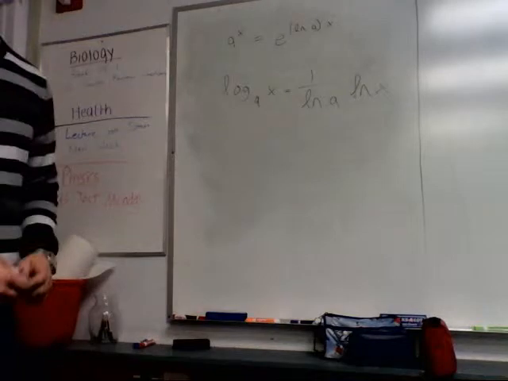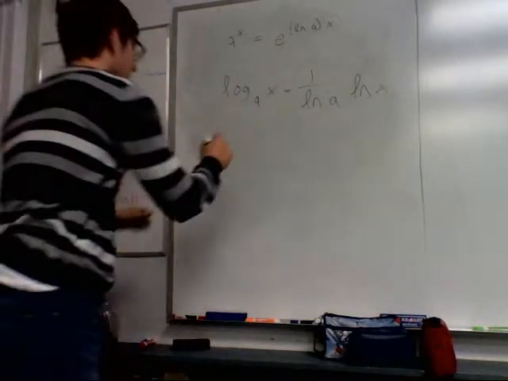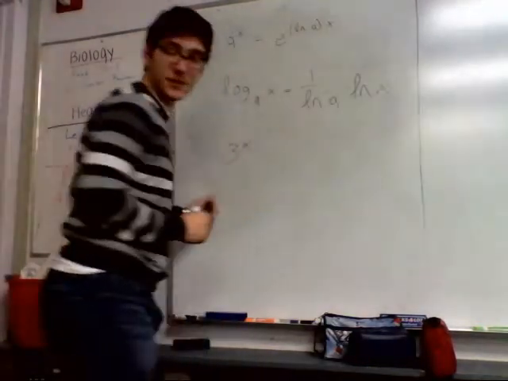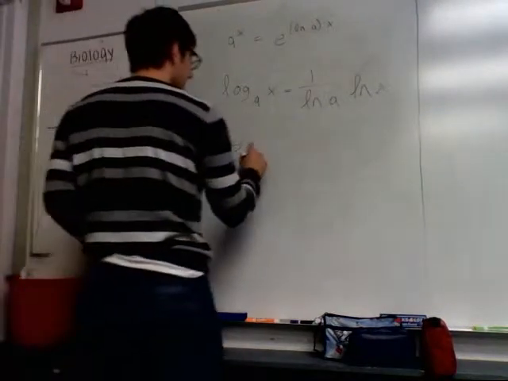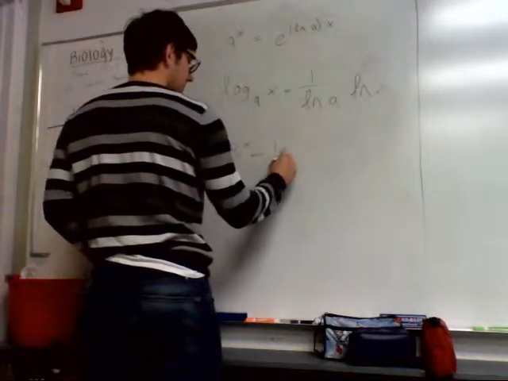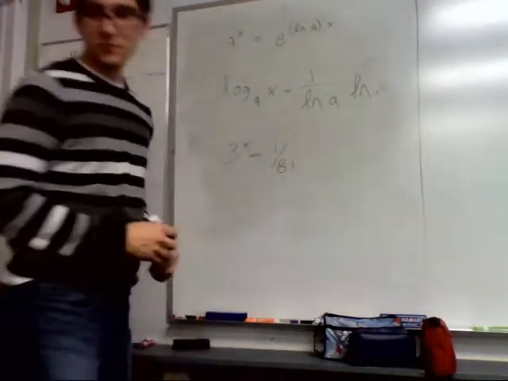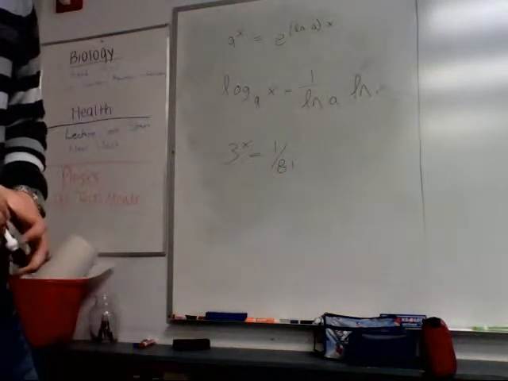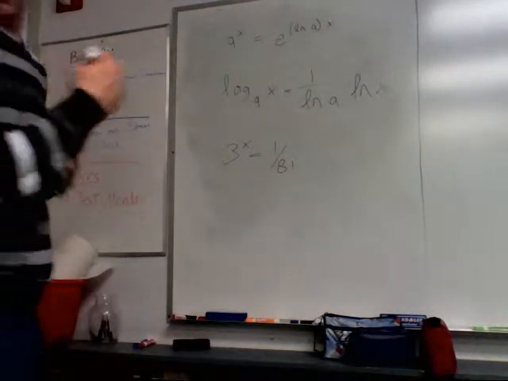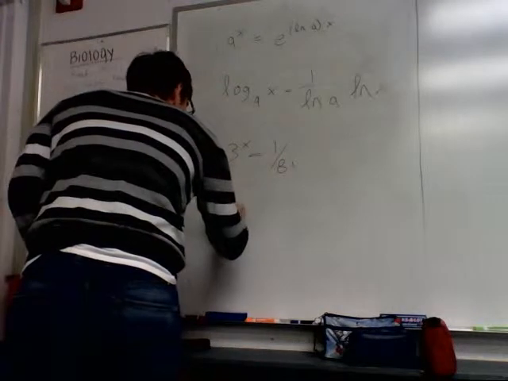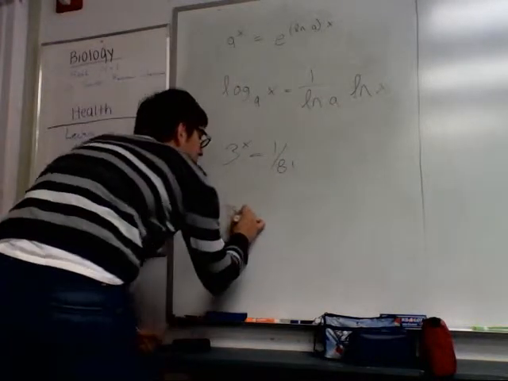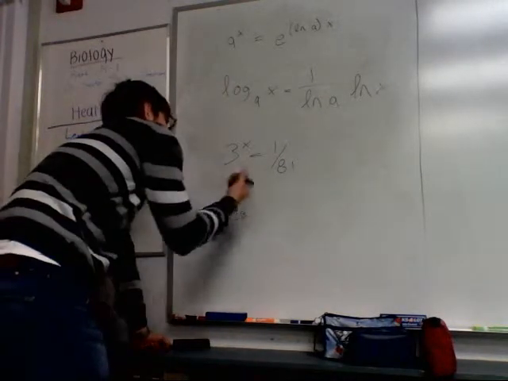So let's solve for x in some of these equations. If we have 3 to the x is equal to 1 over 81, all we have to do is take the log of both sides, log base 3 in this case, where 3 is equal to a.